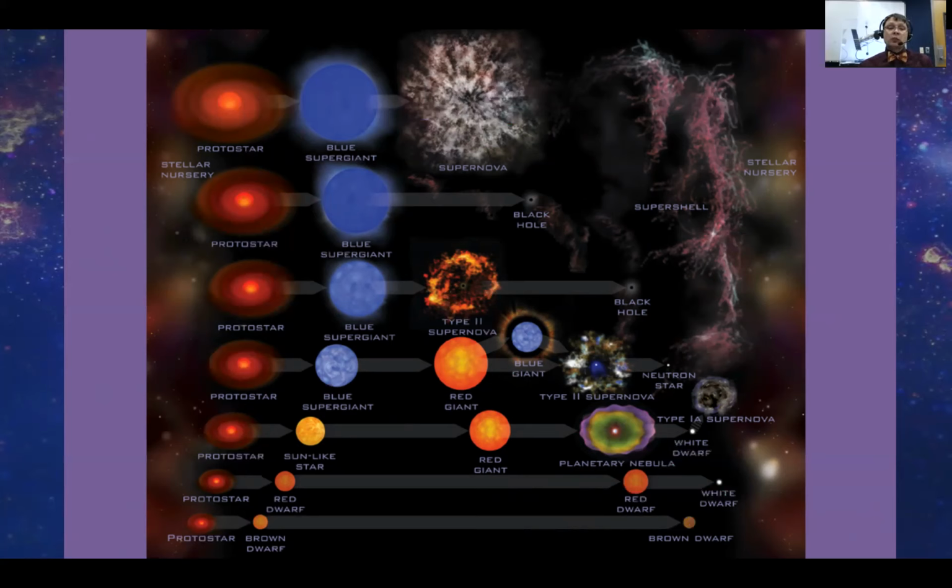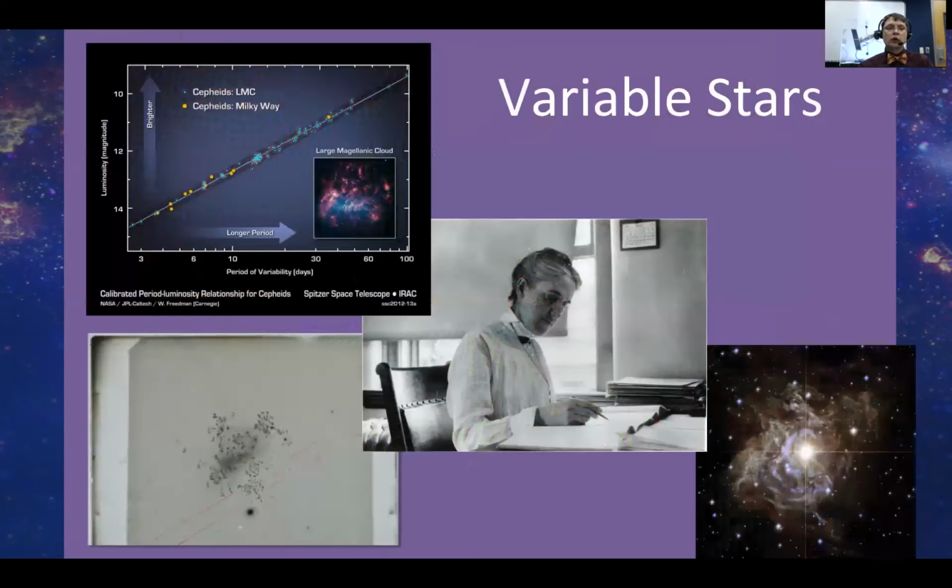There are other factors that play into this too. There are some variable stars out there that change in brightness over time. Sometimes that's because the star is getting bigger and smaller as a result of internal forces. We've mentioned those before. You might remember way back, one of our earlier webinars, we talked about Henrietta Leavitt, who discovered the relationship between the rate of fluctuations between what are known as Cepheid variables and their average brightness.